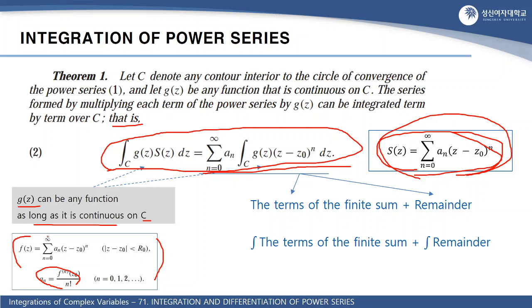The proof strategy is to consider two separate parts. The first is the terms of the finite sum, and the second is the remainder. Then we consider the integral of these two parts, and we prove the integral of the remainder goes to 0 as n goes to infinity.